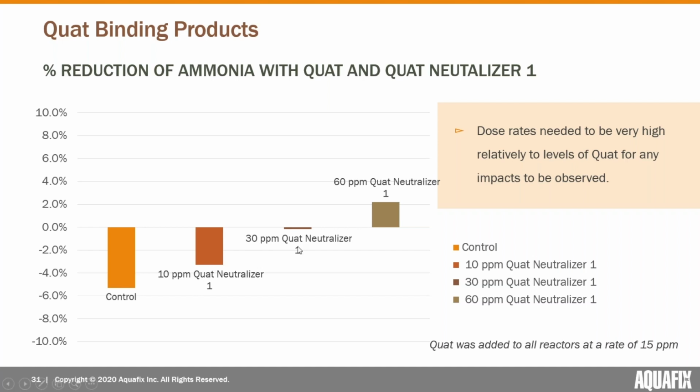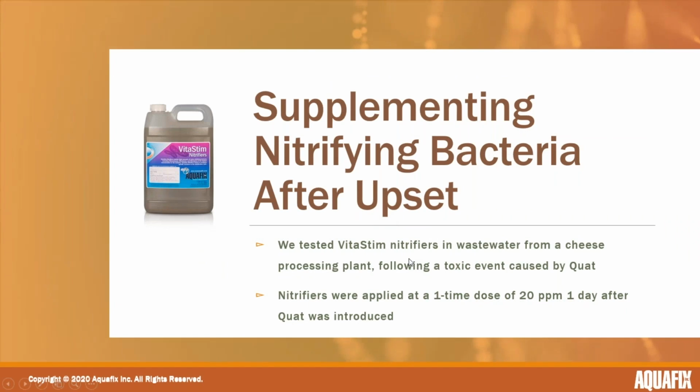Then at 30 ppm, all of a sudden it's even, and at 60 ppm of quat neutralizer, then it showed a benefit. It showed a really nice benefit. So what we learned from quat neutralizers is not that they don't work, but they take very high dose rates relative to the quat for visual impacts to be observed.